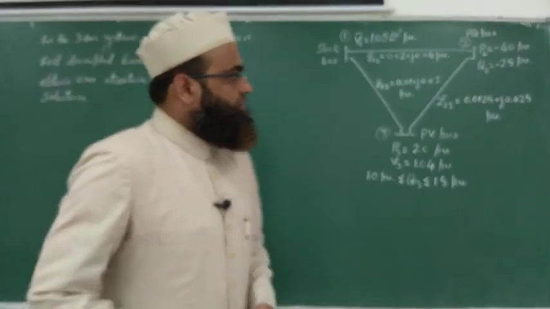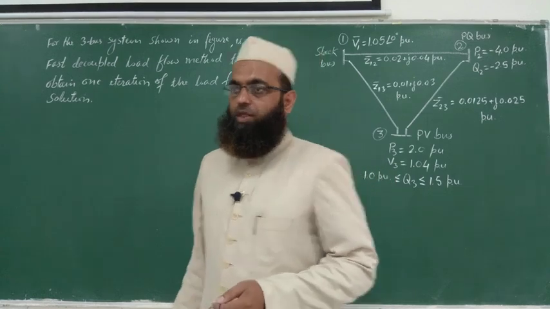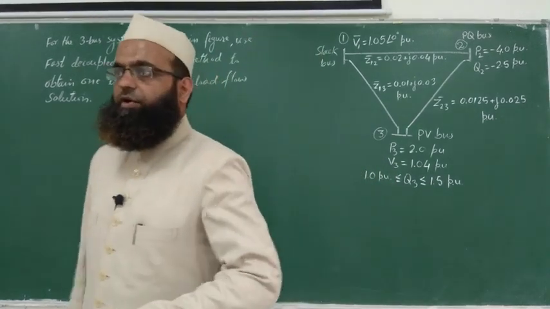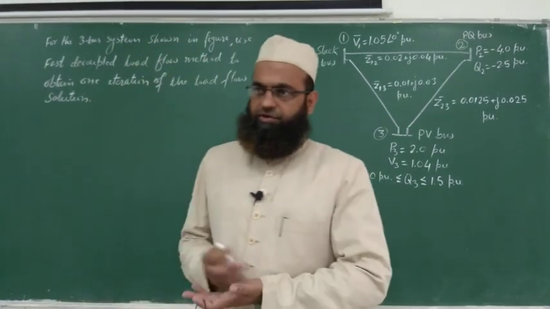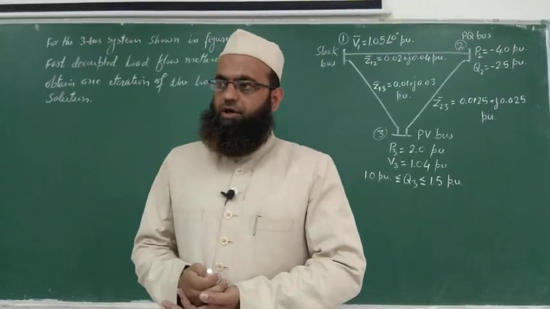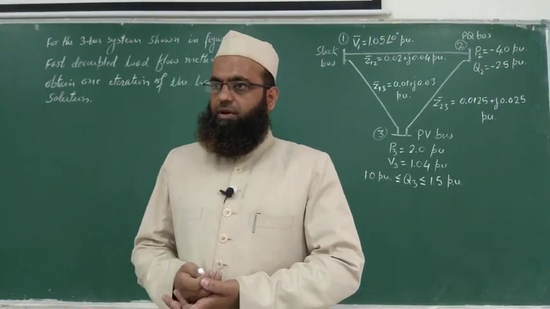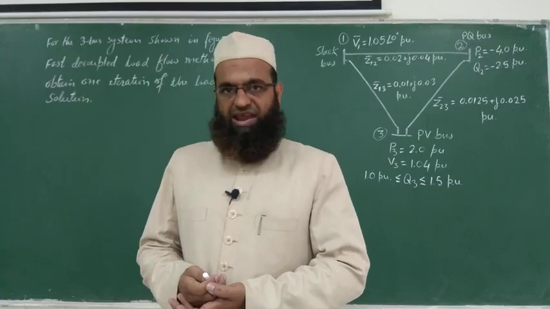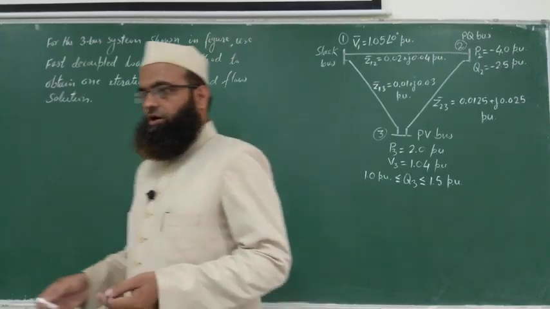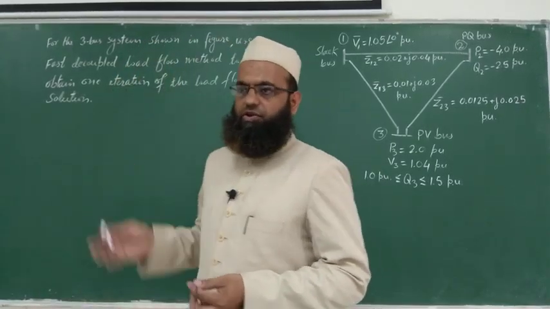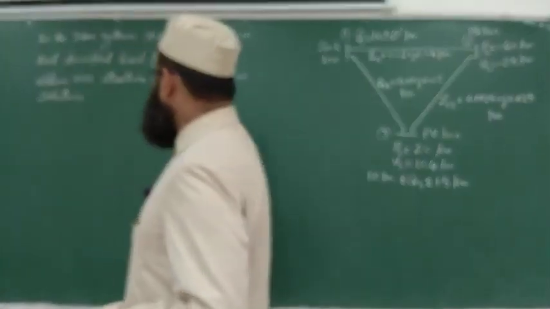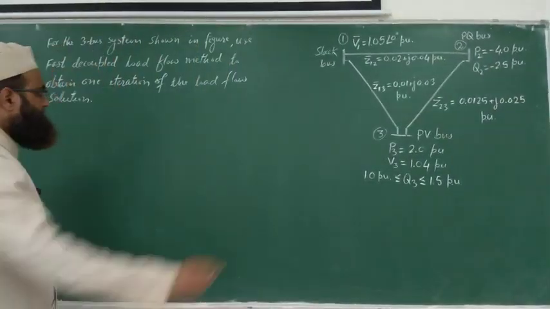So remember the steps for fast decoupled load flow method. What was the first step? First 3 steps will be common for all the methods. You have to read system data, formulate Y bus, then assume initial values of the variables, right? So we have already formulated Y bus for the same problem. So quickly write down Y bus for the same.